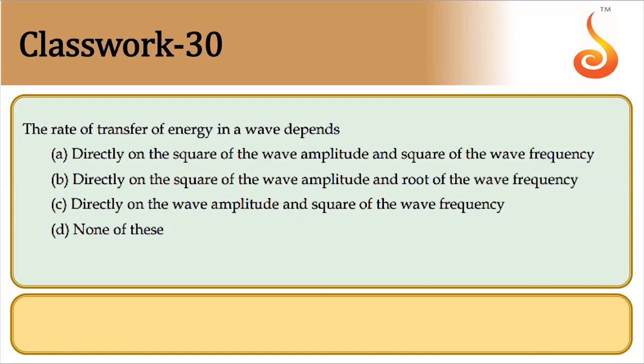Rate of transfer of energy in a wave depends directly on: square of the wave amplitude and square of wave frequency; square of wave amplitude and root of wave frequency; wave amplitude and square of wave frequency; none of these.